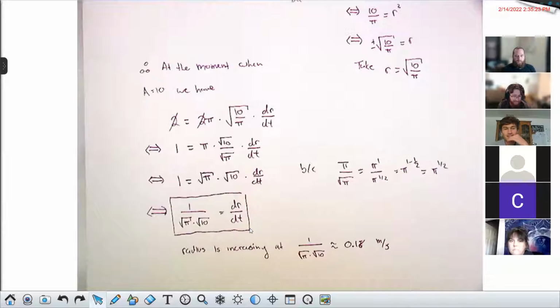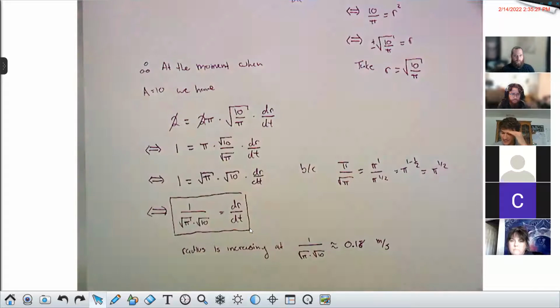Professor? Yeah. So I think there's something I'm not getting here. If the radius is increasing at 0.18 meters per second here, I'm just confused on how that's different from it increasing at 2 meters squared per second.